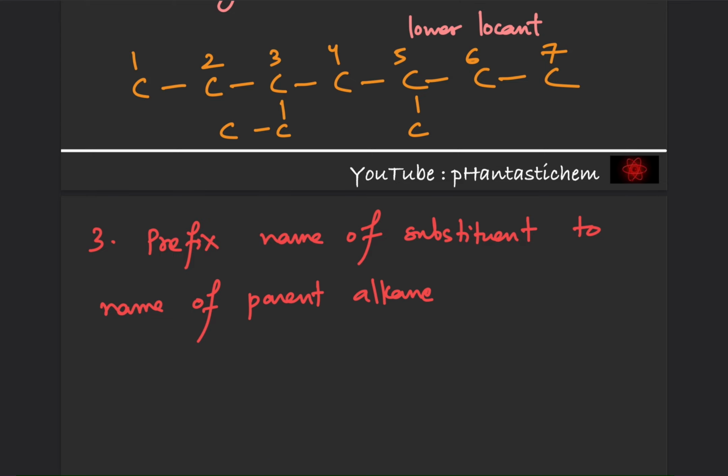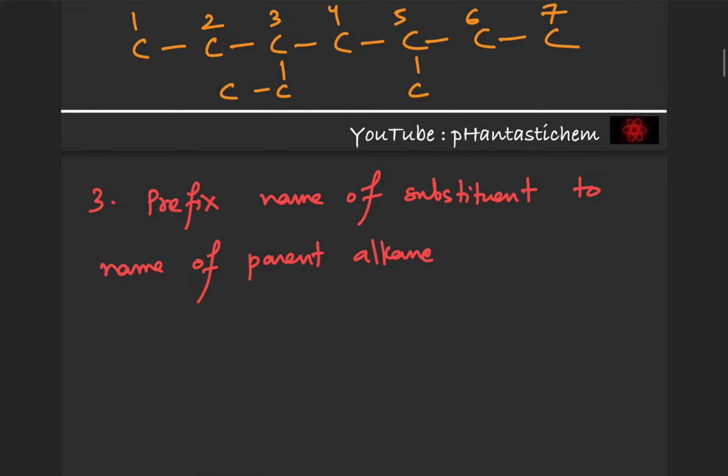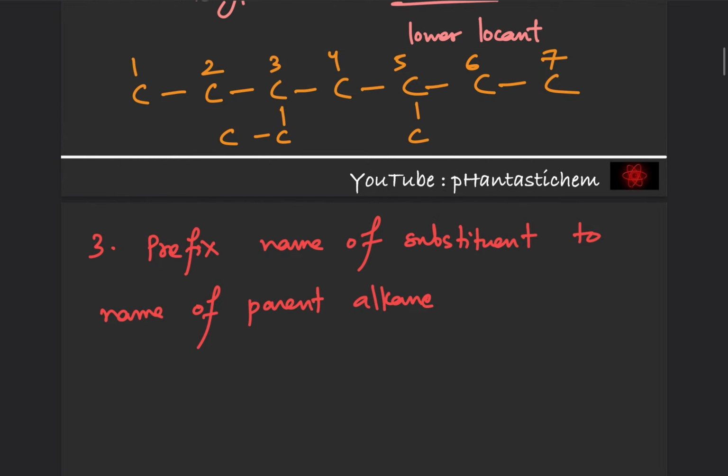In our case the parent alkane is heptane because it contains 7 carbon atoms in the parent chain. Also indicate their position by writing the number of the carbon atom carrying the substituent. For example, if you are mentioning the prefix ethyl, mention it as 3-ethyl to locate its position. If you are mentioning methyl as a prefix, also mention 5 before it to locate its position.